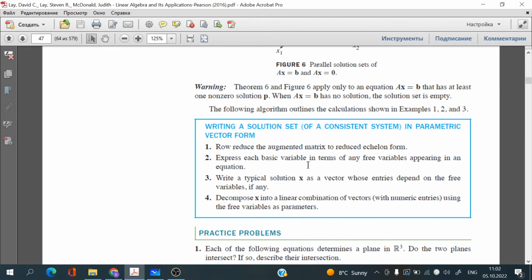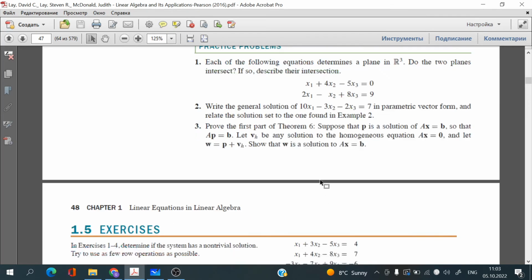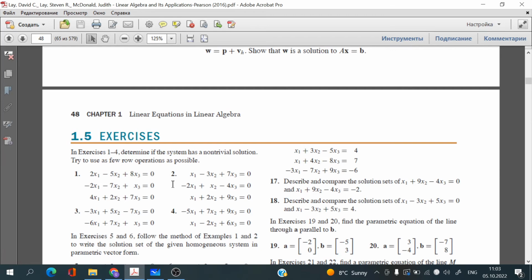Second, express each basic variable in terms of any free variables appearing in an equation. Third, write a typical solution x as a vector whose entries depend on the free variables, if any. And fourth, decompose x into a linear combination of vectors, using the free variables as parameters. Okay, let's now practice the examples, okay?